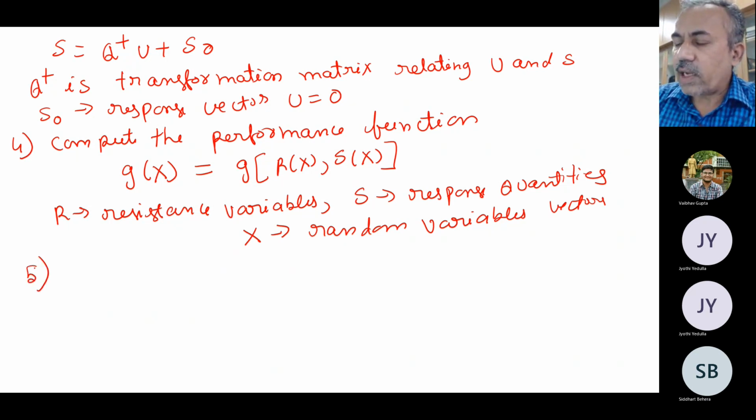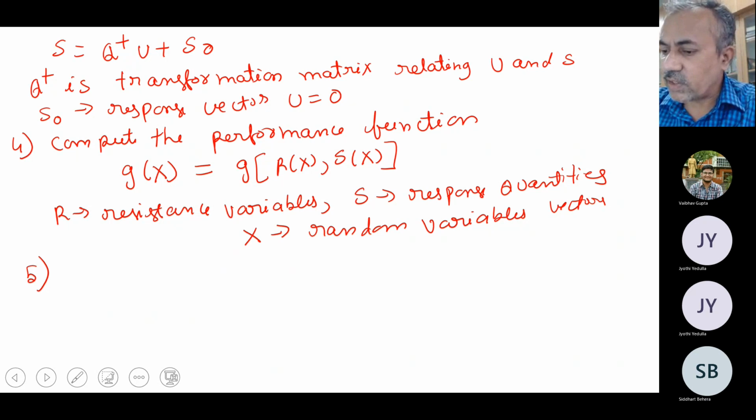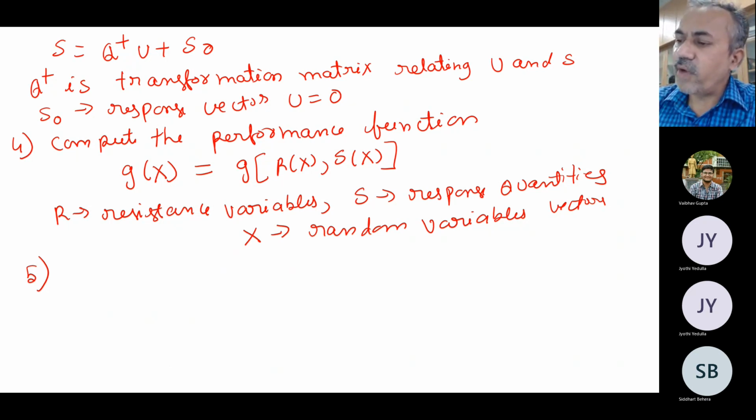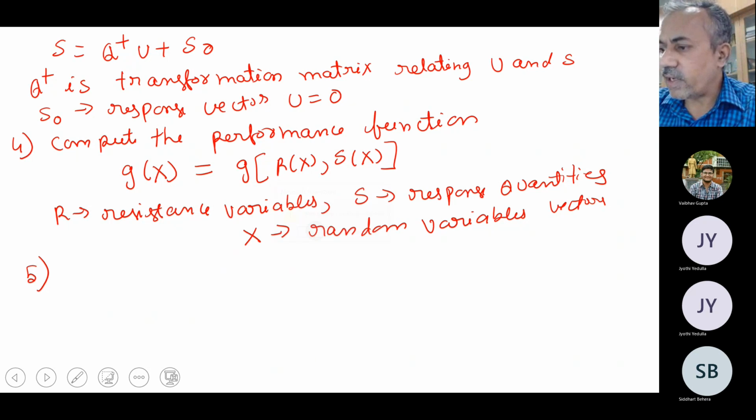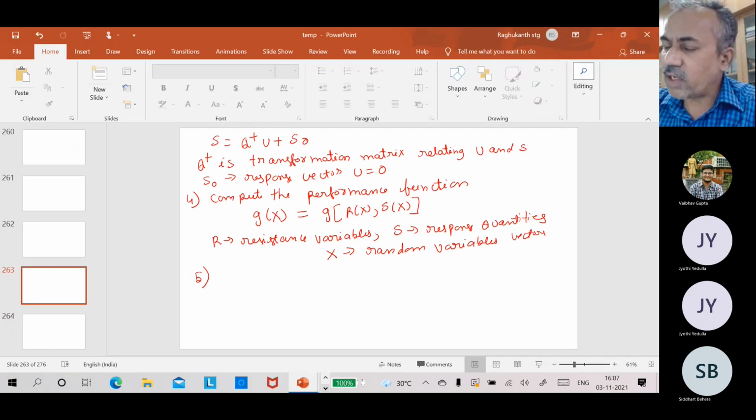Now in the Hasofer-Lind reliability index, you remember what the most important step was whenever we had random variables? The original random variables have their own mean value and their own standard deviation. In all our calculations, did we directly use the random variable X, or what did we do?